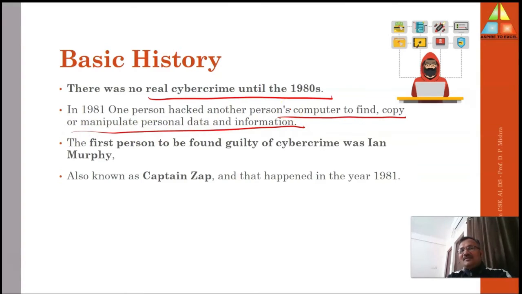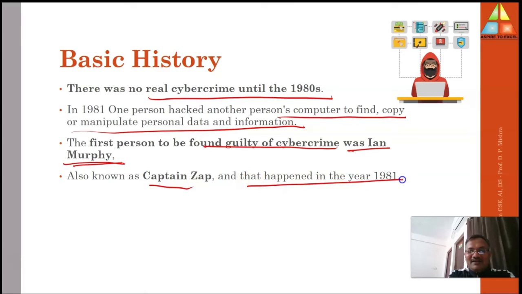The name of the person found guilty of cybercrime was Ian Murphy. We may term Ian Murphy as the first cyber criminal, and he committed this crime in 1981. He is also known as Captain Zap.